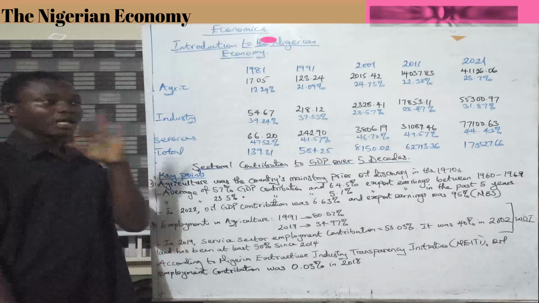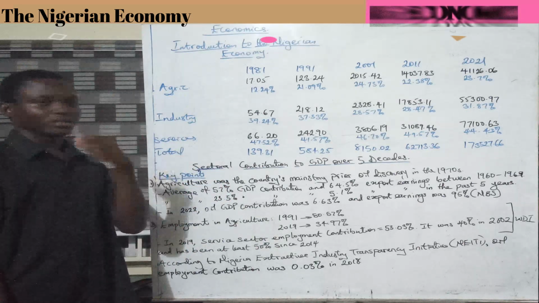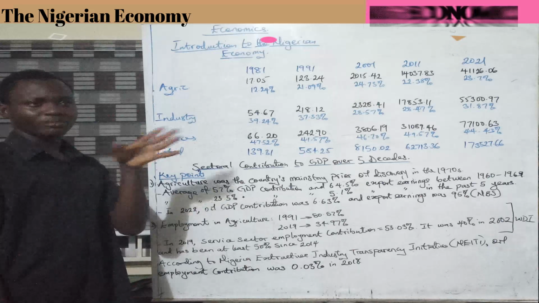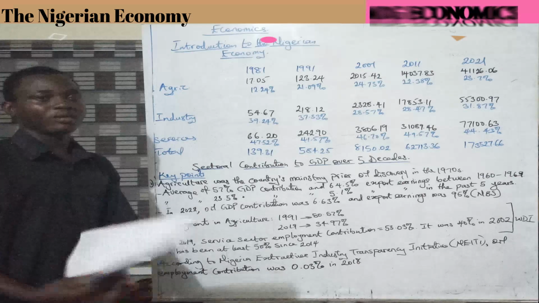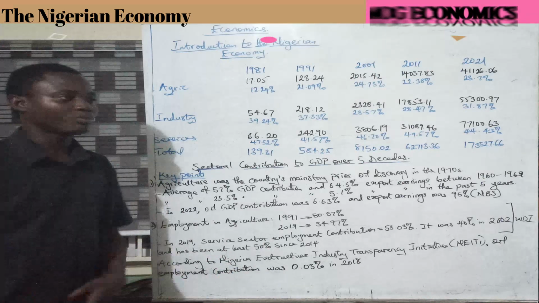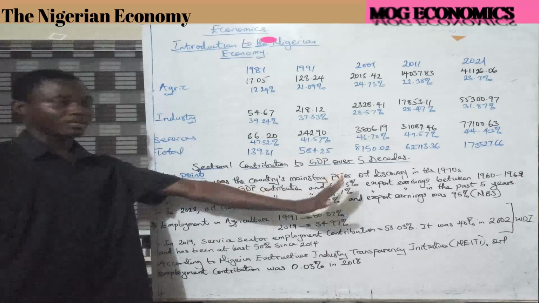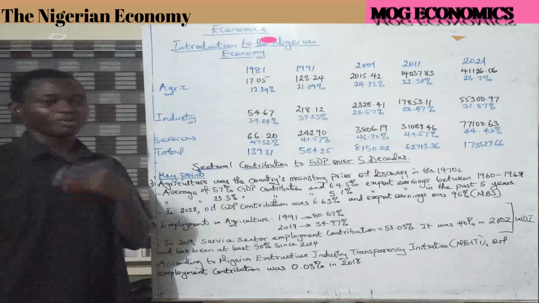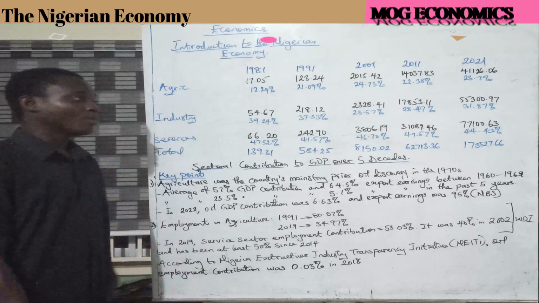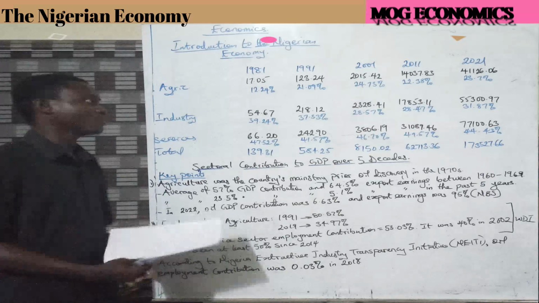Industry has subsectors as well, like manufacturing, and altogether we have up to 20 subsectors under industry in this particular year. Under services there are also a lot of subsectors, maybe 22 of them or thereabout. But we are not looking at the subsectors; we are just looking at the sectors themselves.